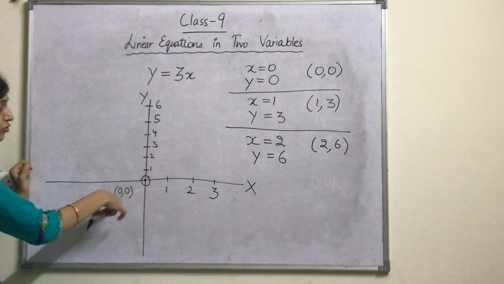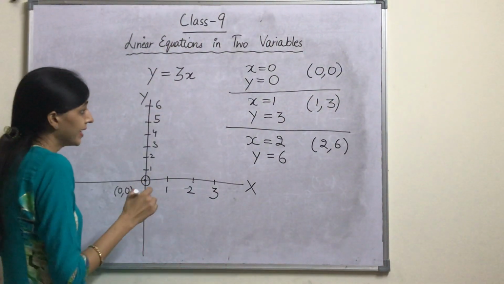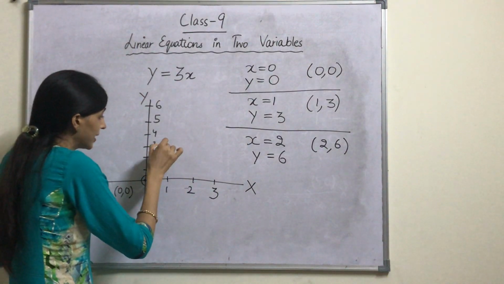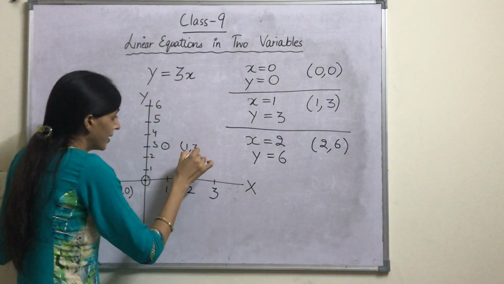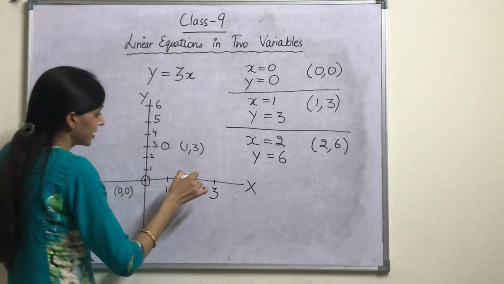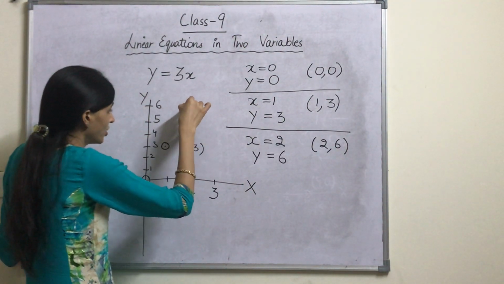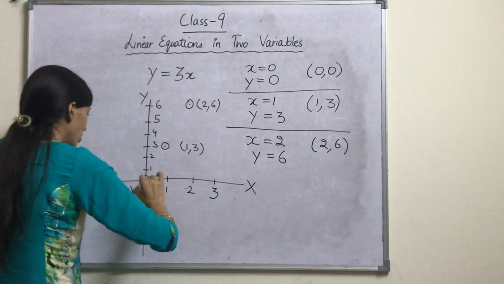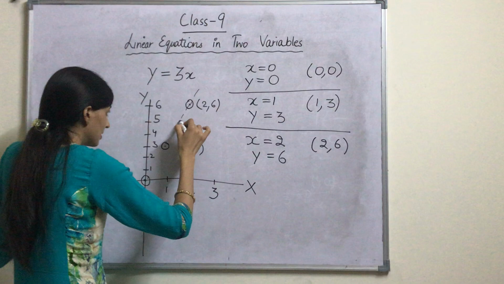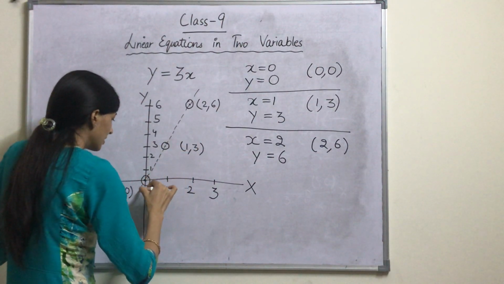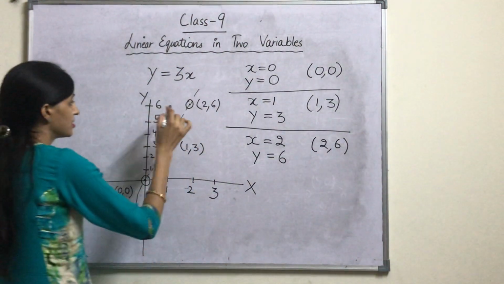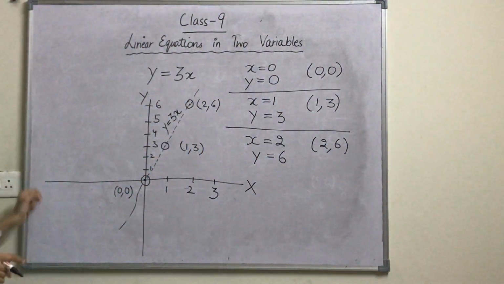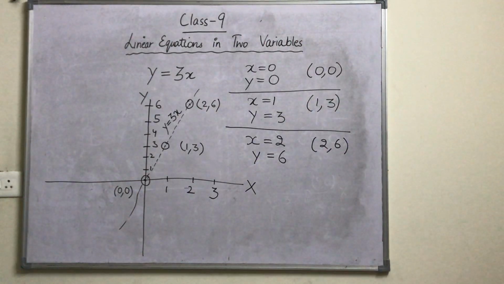That means the line will move from here. x is 1, y is 3, so the point will come out to be here. x is 2, y is 6, so the point will come out to be here. So the line will go somewhere like that. Okay, and this is your line for y equals 3x. In this way, you will get the line.